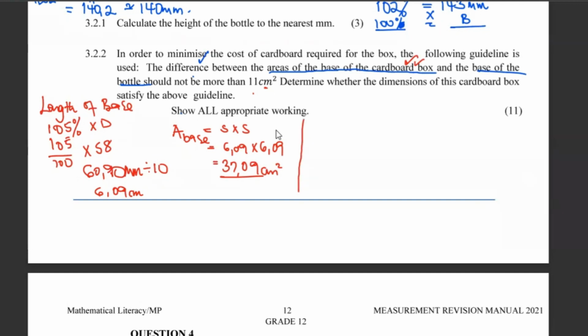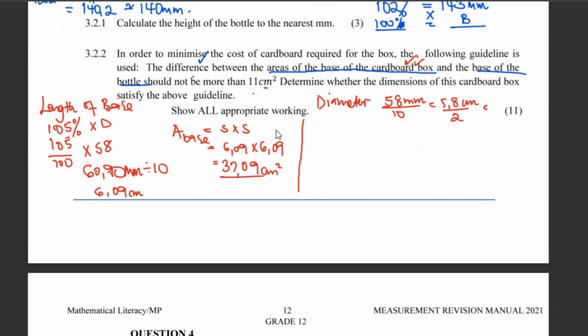Remember, the area of the bottle has a diameter of 58 millimeters. Change it to centimeters, you get 5,8 centimeters. I'm not interested in the diameter, I need the radius, so I divide by 2.